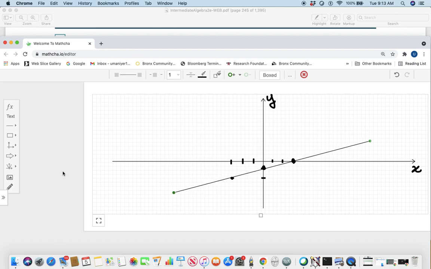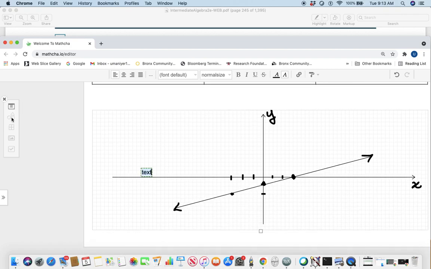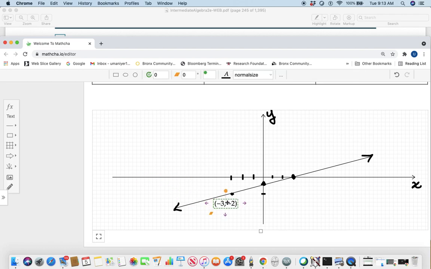All right. So let's name the points carefully. So this point is x coordinate is -3 and y coordinate is -2. All right. Next.